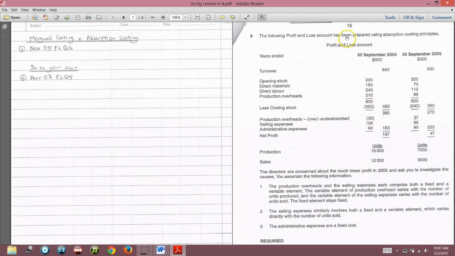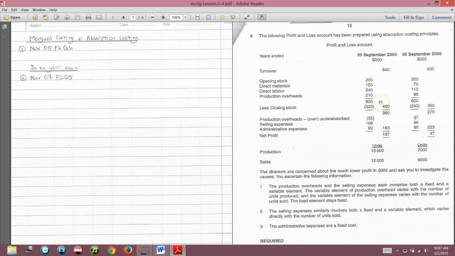So this financial accounting profit and loss account is in the absorption costing format. And this is for the purpose of satisfying government regulation, for example, for submitting tax.